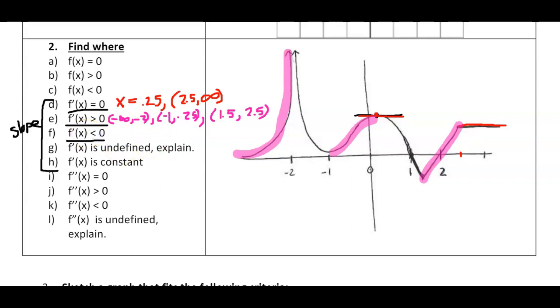So that would be happening here and here. So that would be from negative 2 to negative 1. And from about 0.25 to about 1.5.